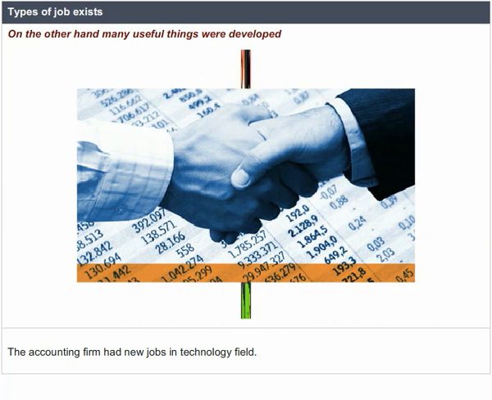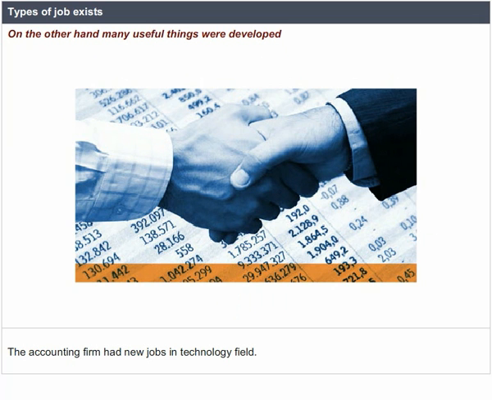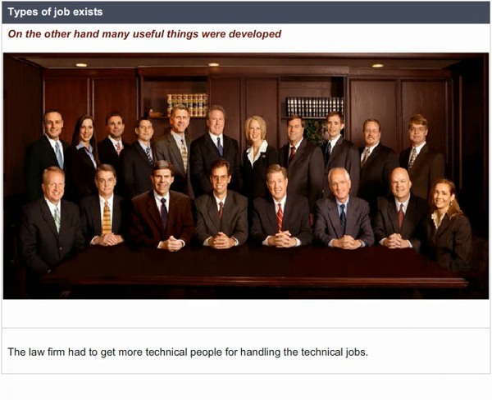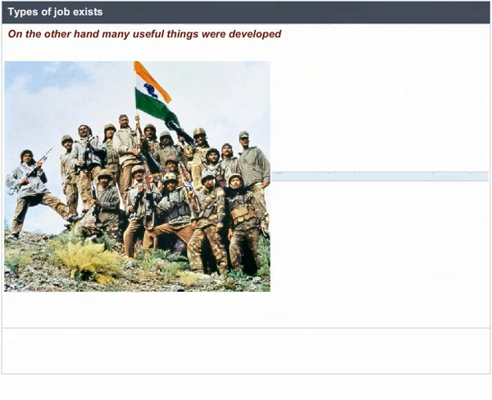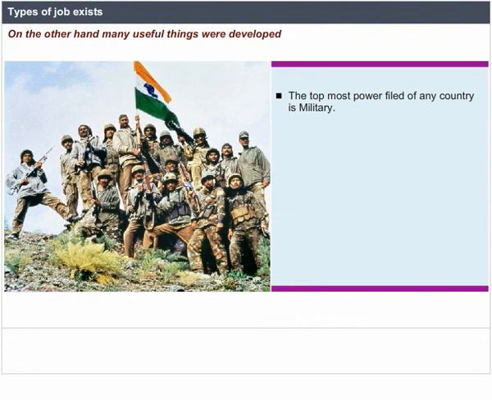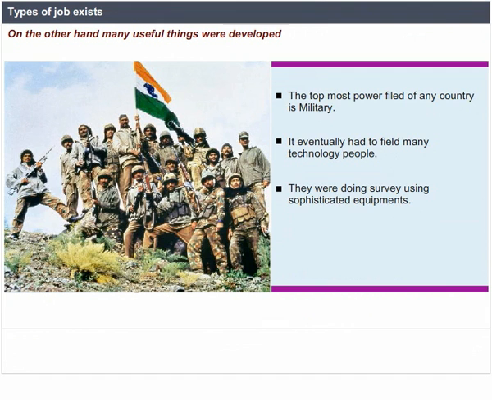The accounting firm had new jobs in the technology field. The law firm had to get more technical people for handling the technical jobs. The topmost power of any country is the military. It eventually had to field many technology people, who were doing surveillance using sophisticated equipment. Many intercepting jobs were created.